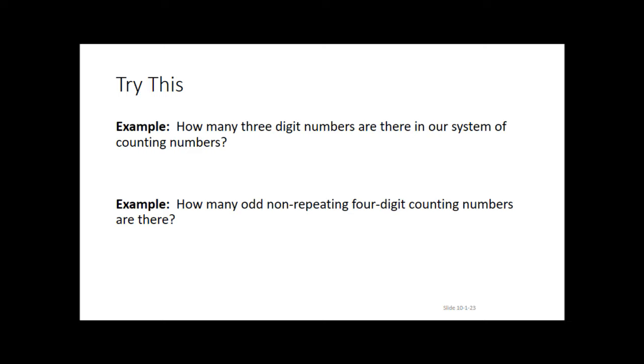But real quick, how many 3-digit numbers are there in our system of counting numbers? Remember, as a hint, if you're going to use the fundamental counting principle, which isn't the only way, you're going to want to think about the number of ways to pick the first digit, the second digit, and the third digit. The basic digits in our number system are 1, 2, 3, 4, 5, 6, 7, 8, and 9.